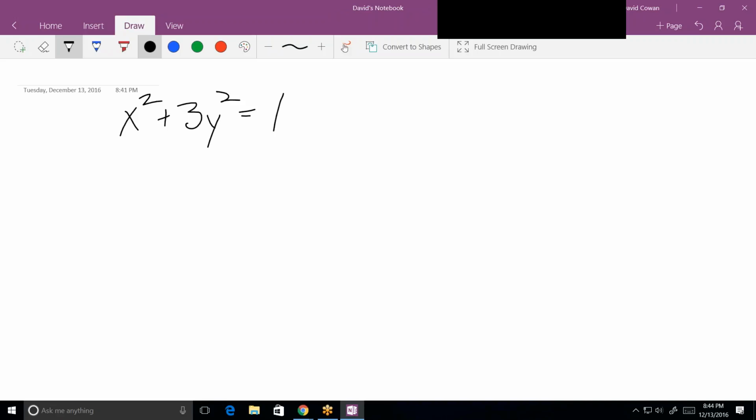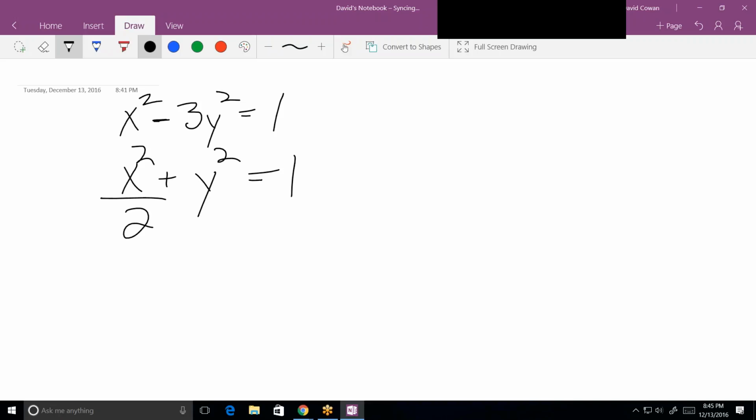And the other was an ellipse, x squared over something plus y squared over something equals 1. I just remember having so much trouble with this problem.